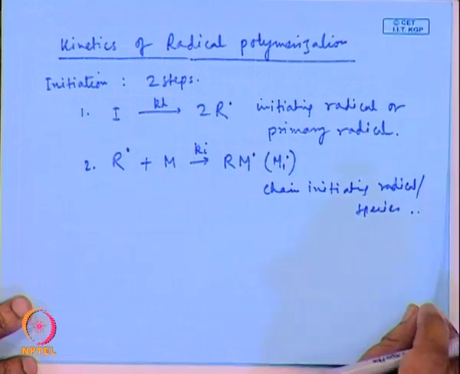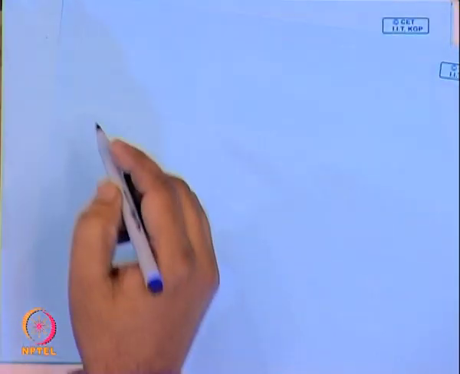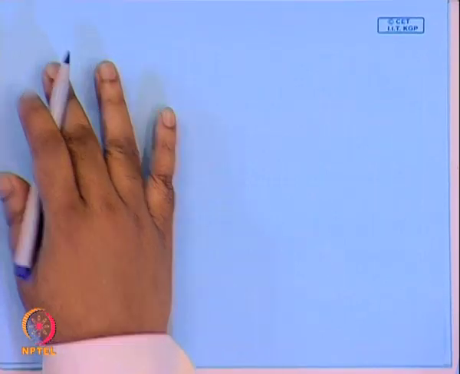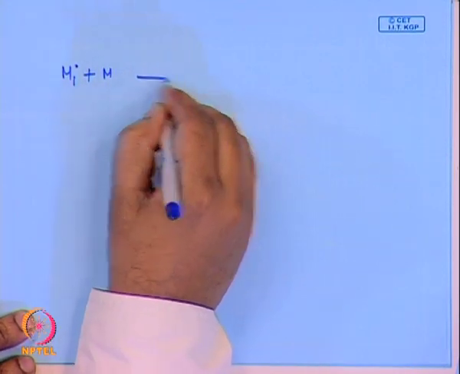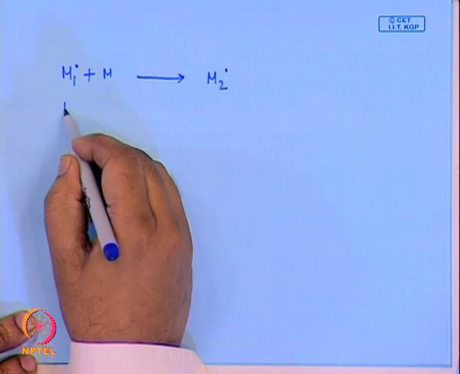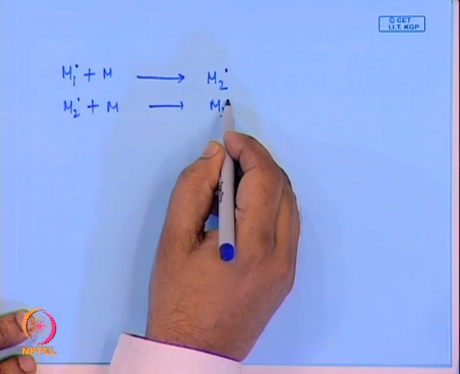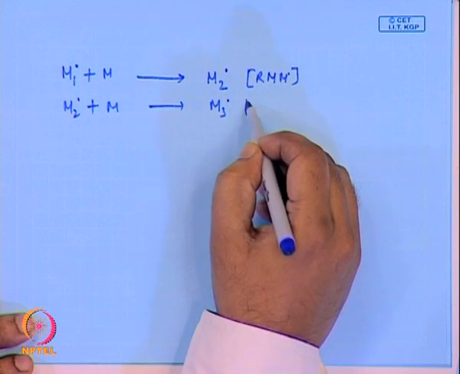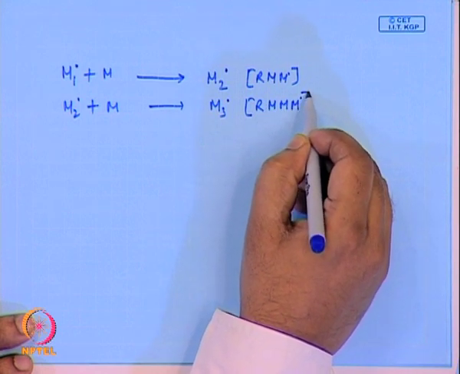Then this chain initiating radical reacts with another monomer, M1 dot plus M, giving M2 dot. This again reacts to form M3 dot. M2 dot is RMM dot, this is RMM dot, and so on.